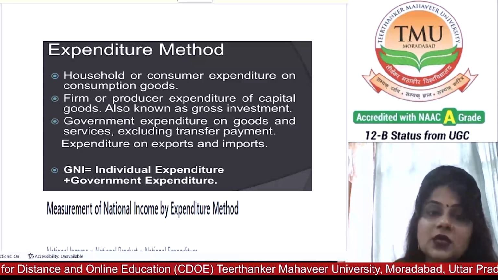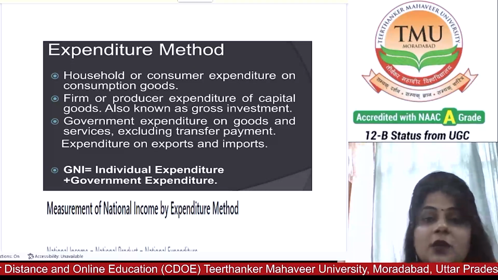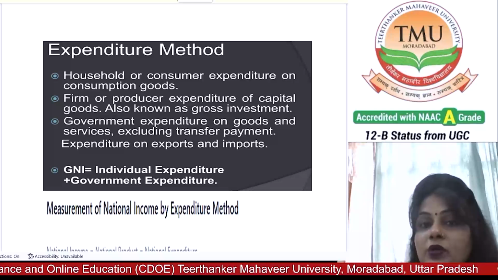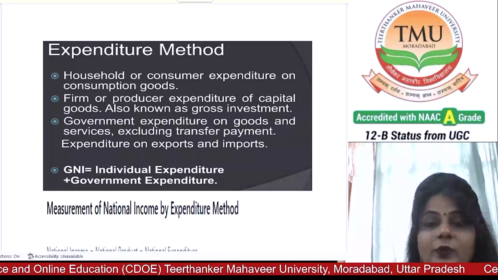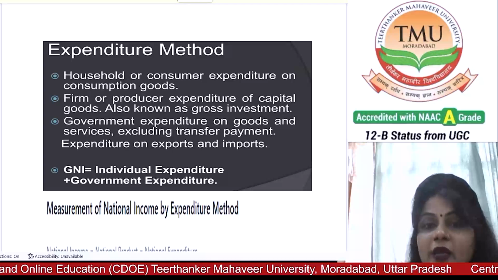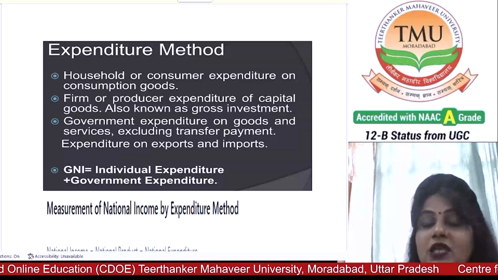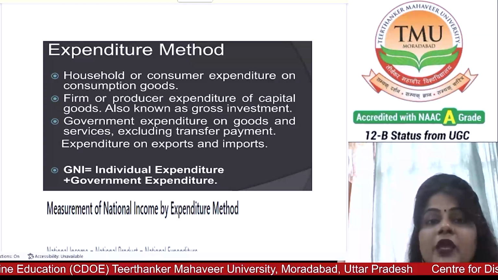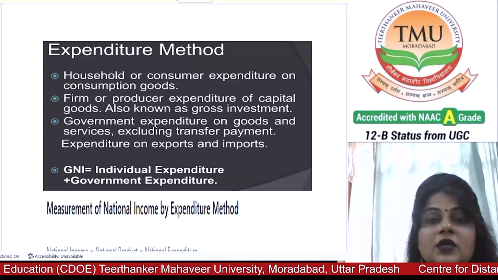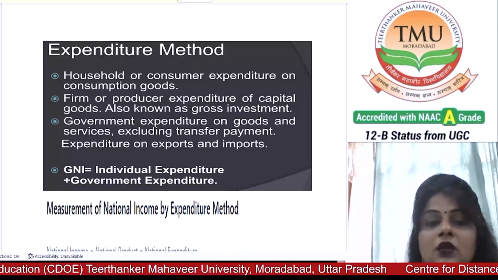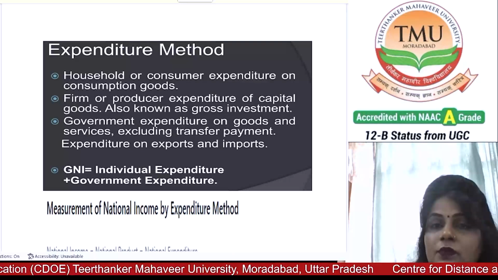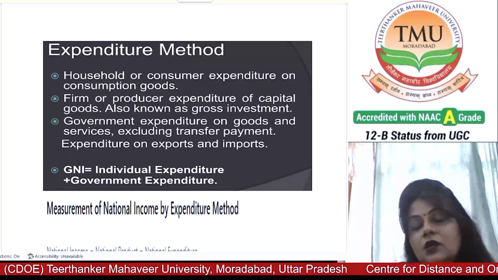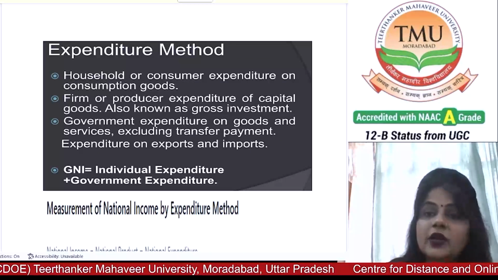So the formula of expenditure GDP is GDP = C, consumer spending on goods, plus I, investor spending on businesses, plus G, government spending, plus X, exports, minus M, imports, that is, net exports. So the main components of the expenditure method are consumption, investment, government expenditure, and export and import.